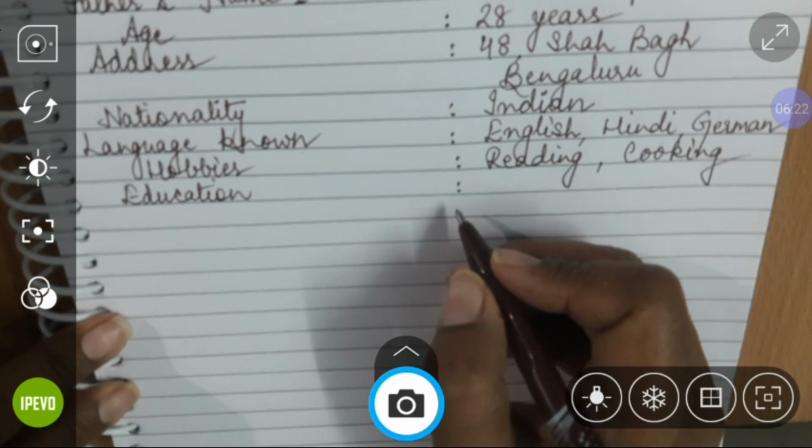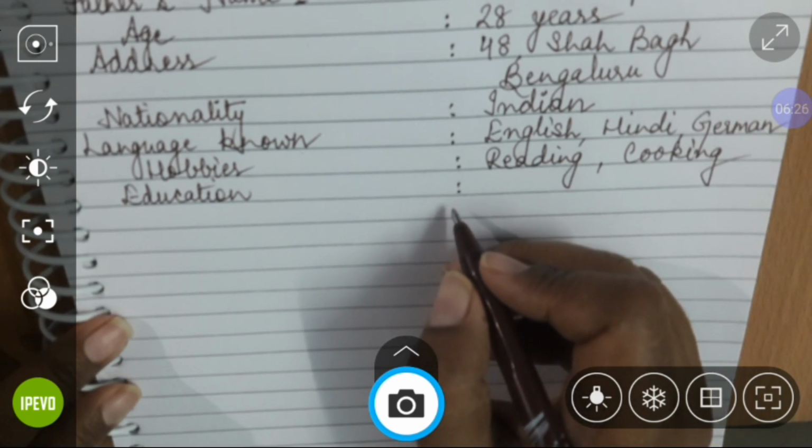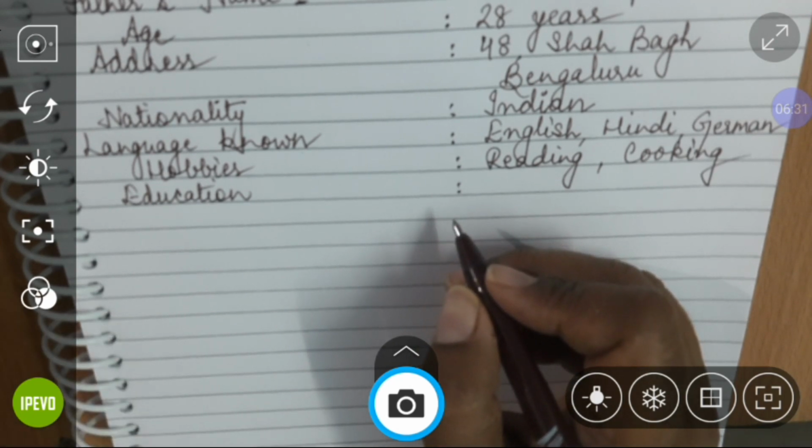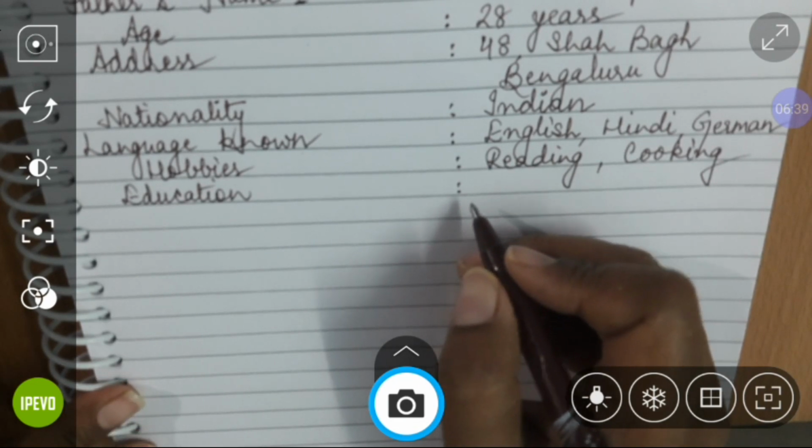Now in education you have to go according to the job. When it comes for the teacher's job, then obviously you have to write from class 10th, right?